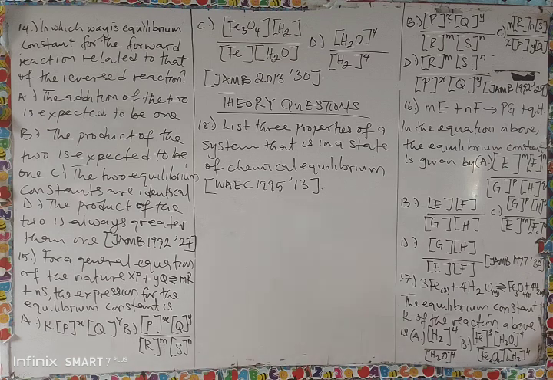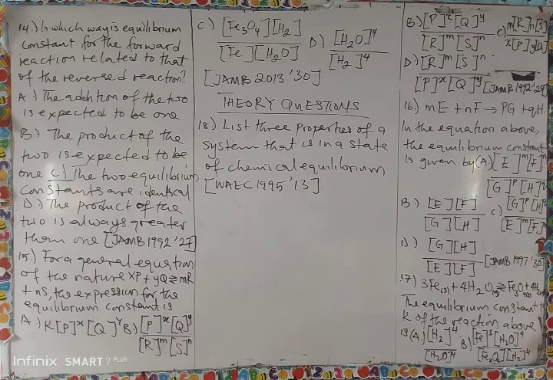B, the product of the two is expected to be 1. No. C, the two equilibrium constants are identical. D, the product of the two is always greater than 1. The answer is: the two equilibrium constants are identical. R1 equals R2, so K1 equals K2.